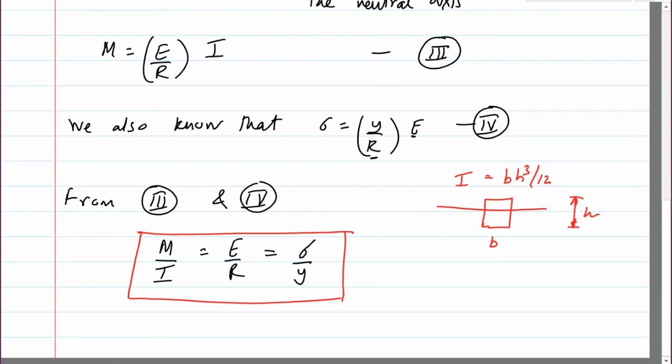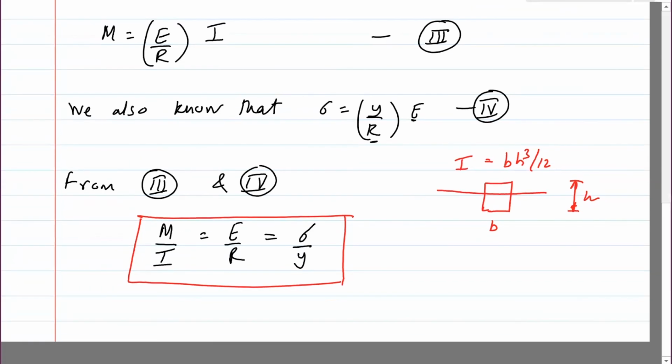This is something which I'm not expecting you to remember. It's something which I'll provide to you. There is a table in the book which gives you the moment of inertia about different sections. So that's for a rectangle. There's something else for a circle and so on.